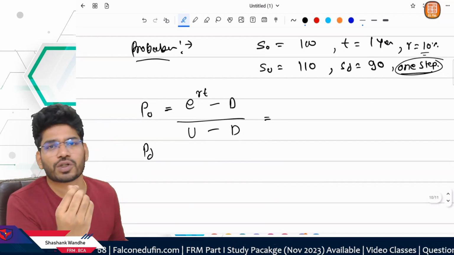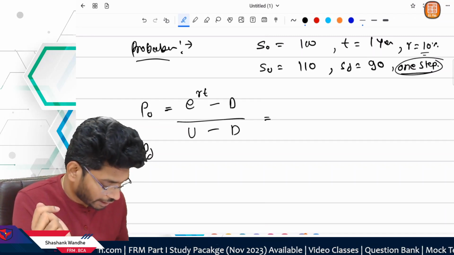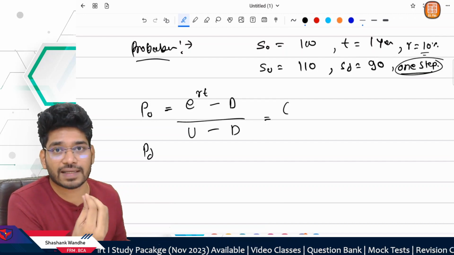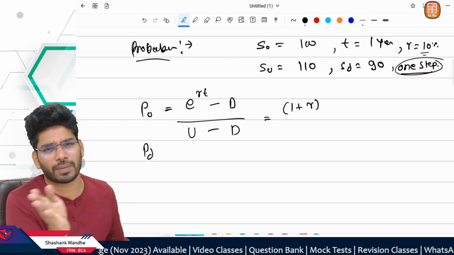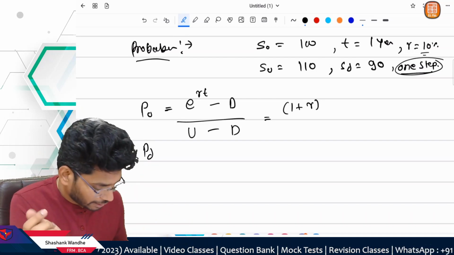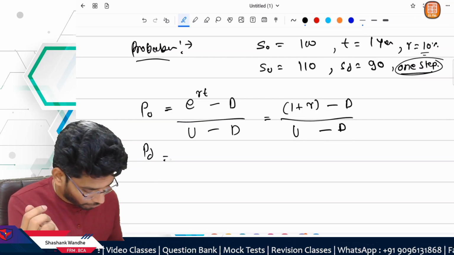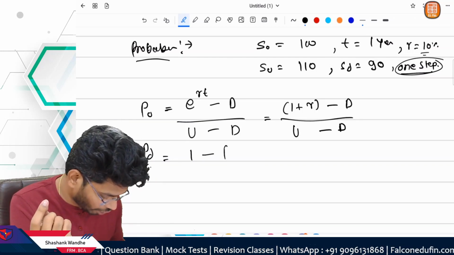This information will be given in your examination, so you don't have to bother about it. Second, if the risk-free rate is given in effective format, your formula is 1 plus R, that is 1 plus 0.10, minus D, divided by U minus D. And the probability of downward movement is 1 minus P of U.